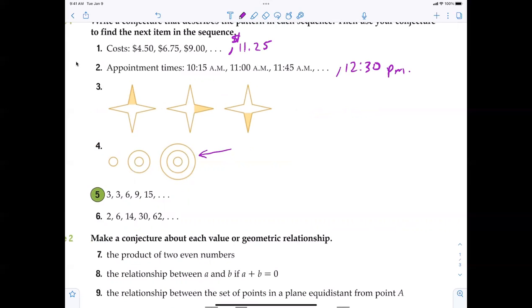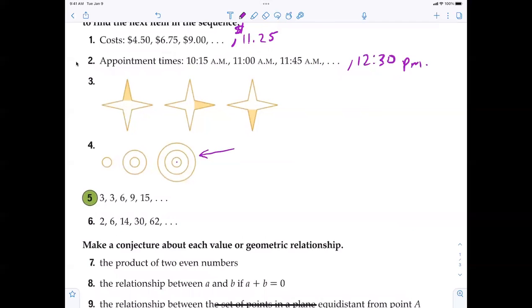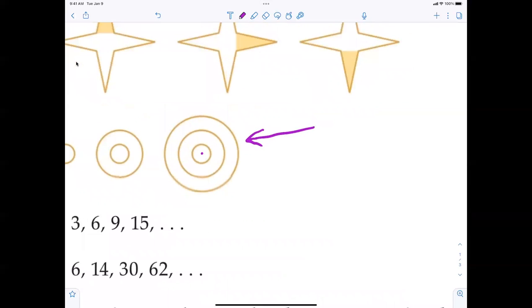Who can tell me why they are concentric? That's a pretty good guess. But I can, so what dot did I just put in? What's that called? That dot in the middle.